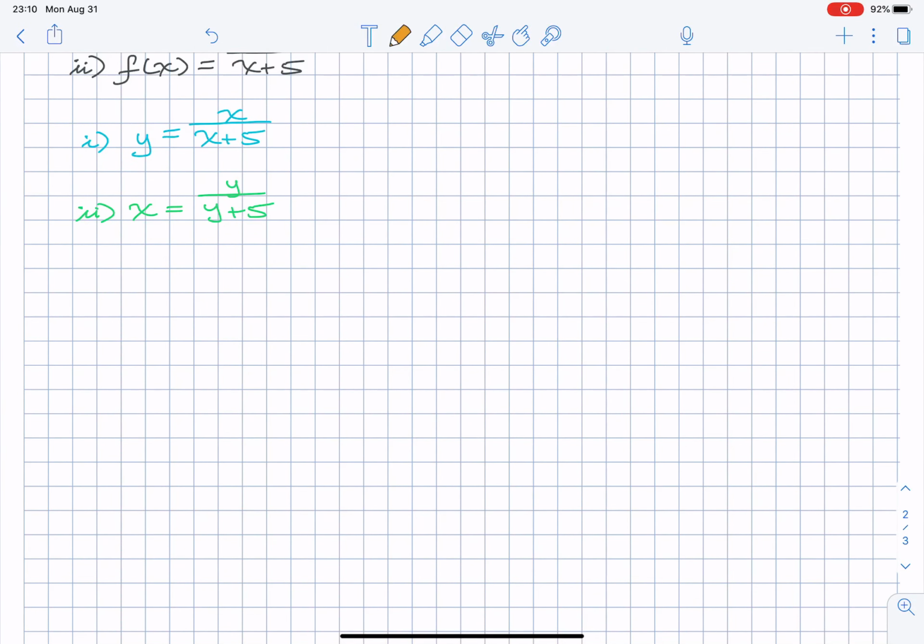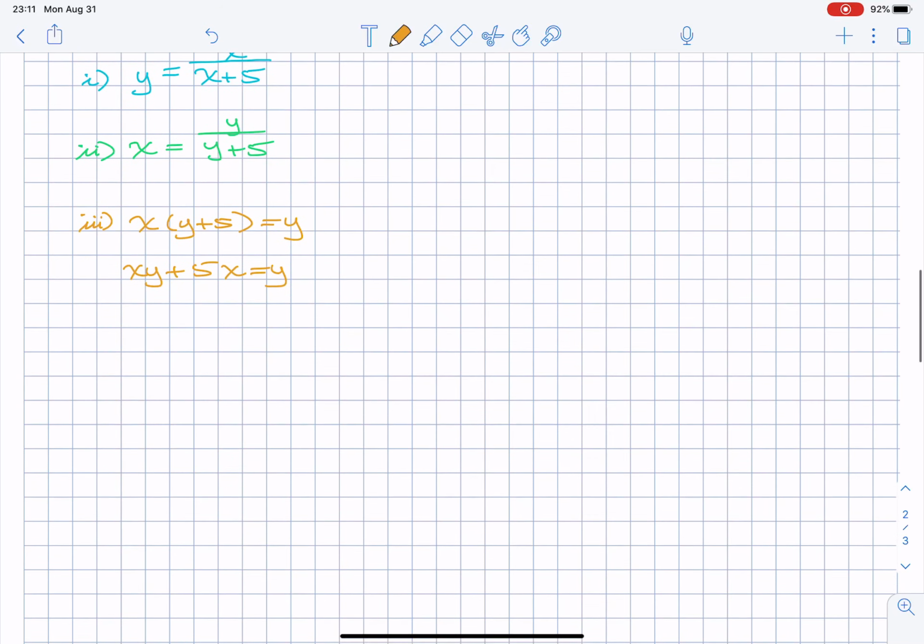Step 3 is to isolate y. So the first thing I'm going to do with the above is I'm going to cross multiply. So I'm just going to multiply x by the denominator on the right hand side, and then I'll distribute. So xy plus 5x is equal to y. And then I'm going to swap places between these two guys.